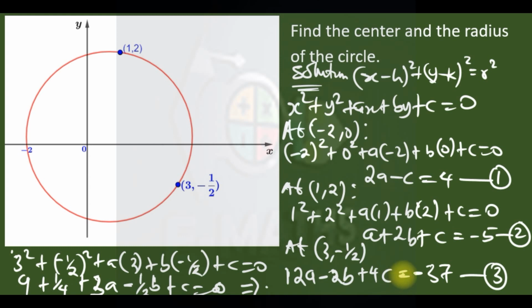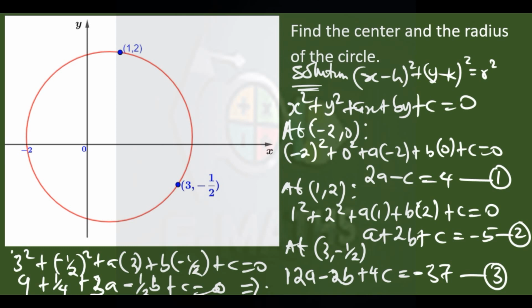So the next thing is to solve simultaneously. What I will do is make c the subject of formula in the first equation and substitute in the second and third, so that we reduce the number of variables. By doing so, we remove c.